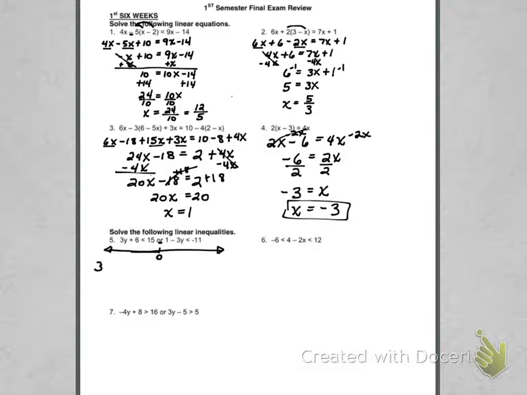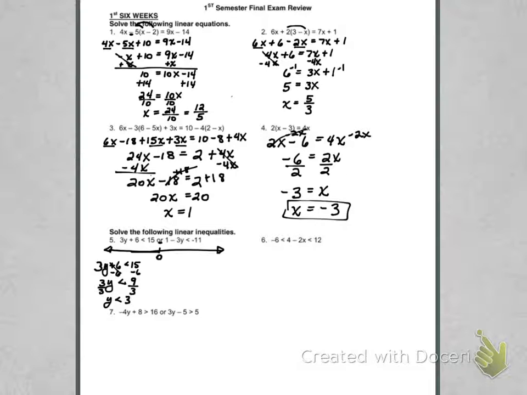We have 3y plus 6 is less than 15. So you're going to subtract 6, and you're left with 3y is less than 9. When you divide by 3, and this 3 is positive, so nothing happens to the sign, you have y is less than 3.